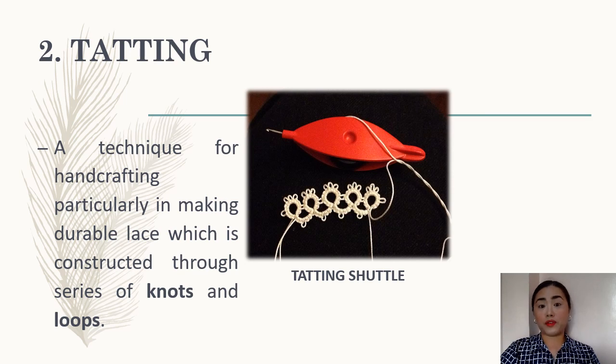The next type of craft under textile crafts is tatting. Tatting is a technique for handcrafting, particularly in making durable lace, which is constructed through a series of knots and loops. As you can see in the picture here on the left side, that is the tool that you use in the tatting technique, and it is what you call a tatting shuttle.